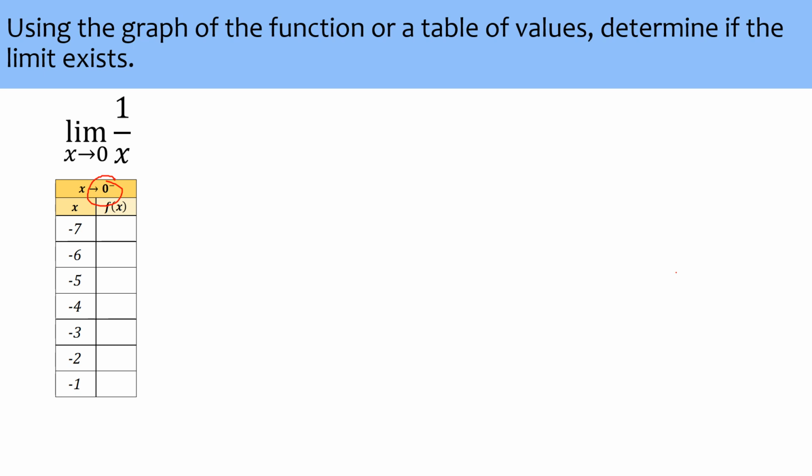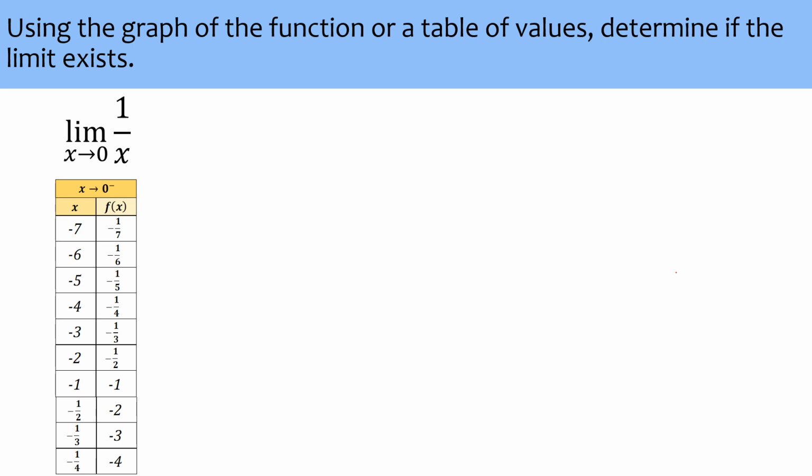I started from -7 and ended at -1. To find these values for f of x, I simply evaluate -7 in 1 over x, -6 in the same function, and so on and so forth.